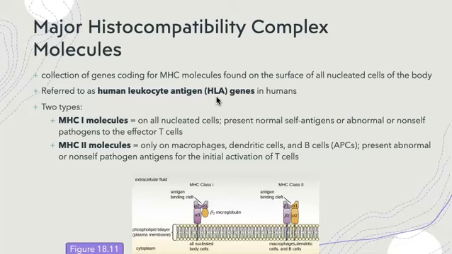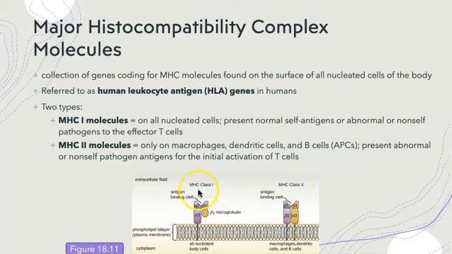And we've got two different types, and they're both going to be transmembrane glycoproteins, meaning that they're going to go through the plasma membrane here. And we could see their structures are a little bit different when we look at class 1 versus class 2. Our class 1 are on all of our nucleated cells, and on our MHC molecules, you could see that we have this antigen binding cleft.